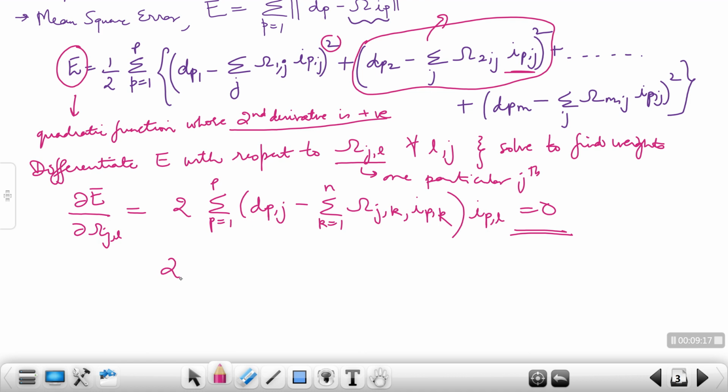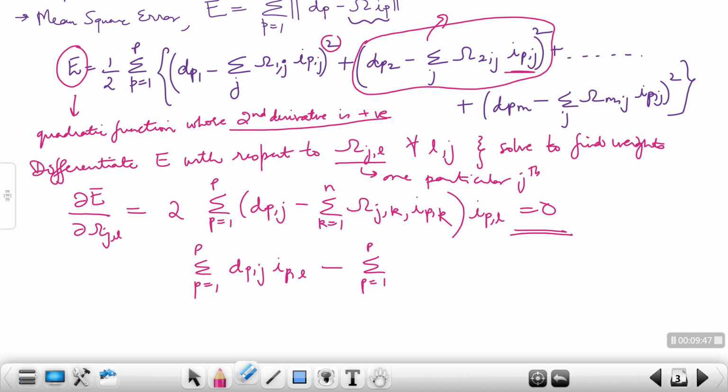Then I am taking summation of, so now this I can write as dpj I pL, and then I will be getting one more summation, minus summation of p equal to 1 to capital P. Okay, this 2 I can just ignore because it is equated to 0, right?